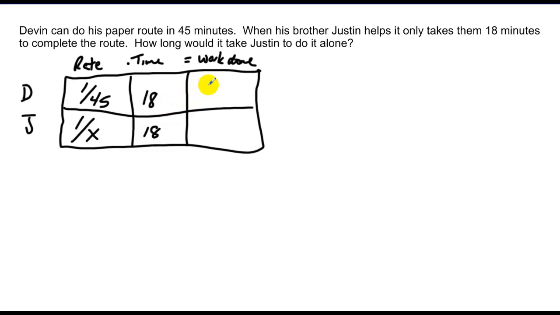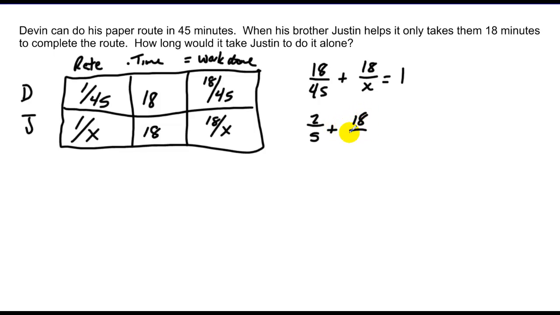And if I now multiply, so I have 18 over 45 and 18 over x, I know that in those 18 minutes they'll finish the job. So I say 18 over 45 plus 18 over x is equal to 1. 18 over 45 reduces because 9 goes into both of those, so that's 2 over 5, and 18 over x is equal to 1.